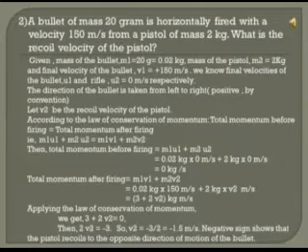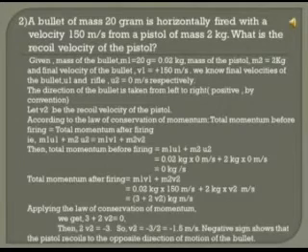Let v2 be the recoil velocity of the pistol. According to law of conservation of momentum, total momentum of the pistol and the bullet before the firing will be equal to the total momentum of the pistol and the bullet after the firing. That is, m1 u1 plus m2 u2 is equal to m1 v1 plus m2 v2.